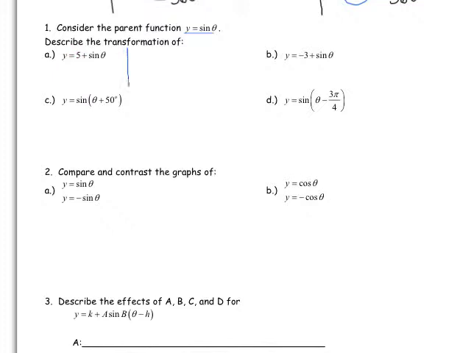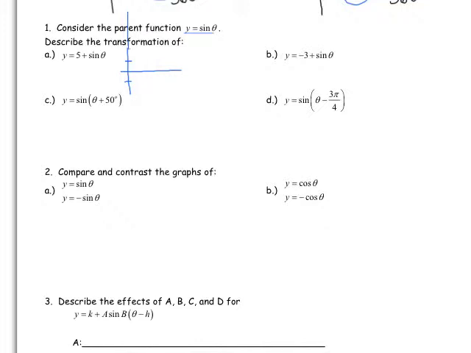So if this is my parent function, it would look like this. Remember that this would be 1 and negative 1. Well, now I'm going to go 5 higher than that.